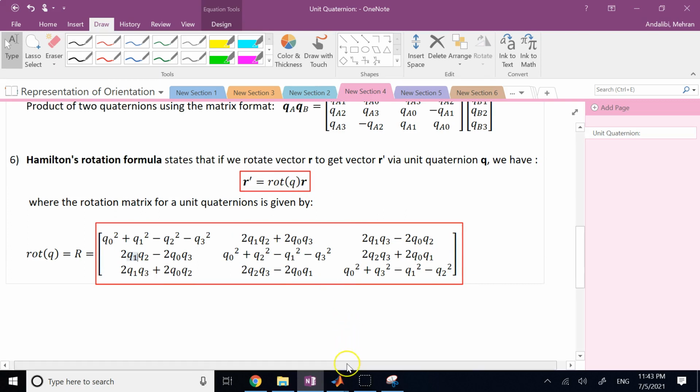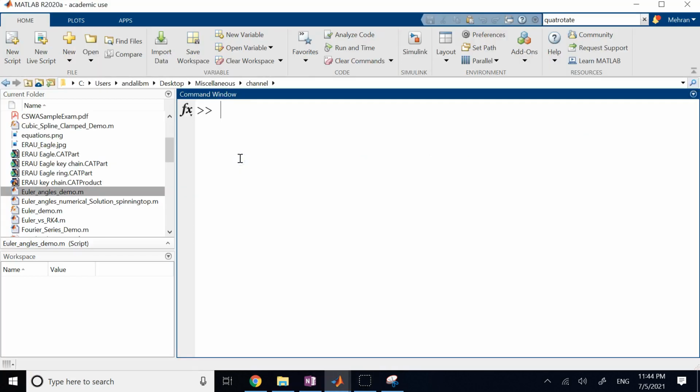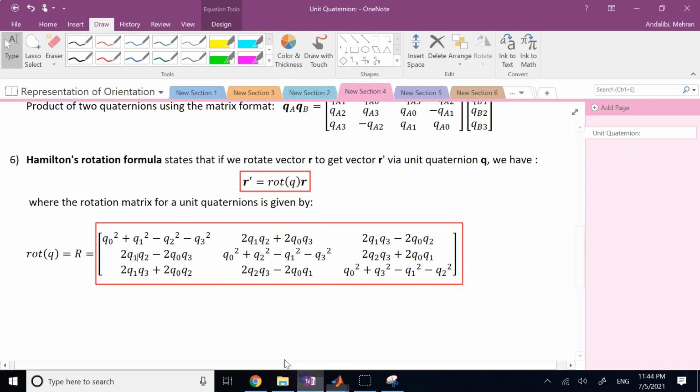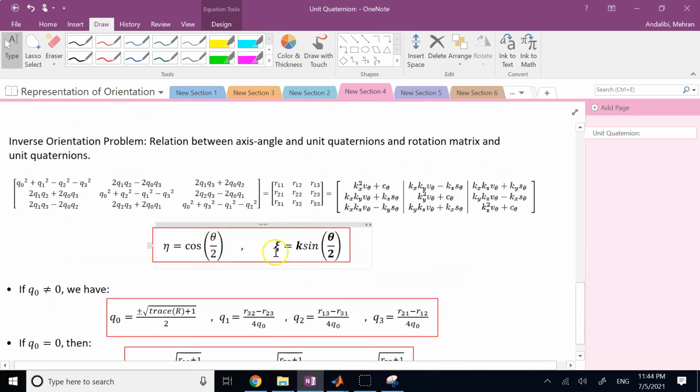For example, let's take a look at MATLAB. I'll show you through my next two formulas that you can relate your axis angle representation to quaternions.